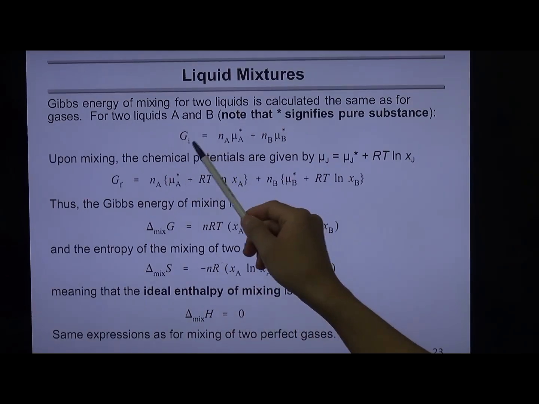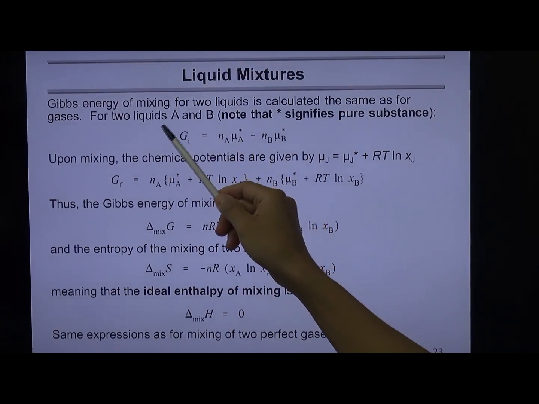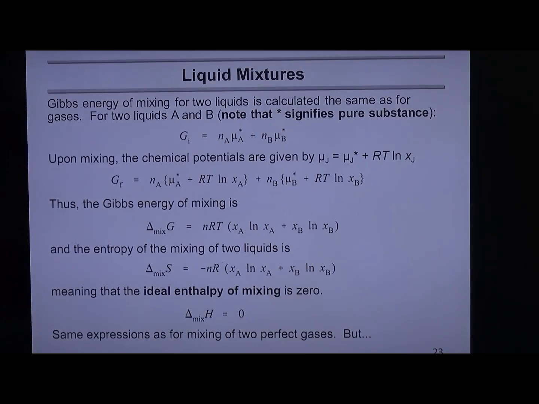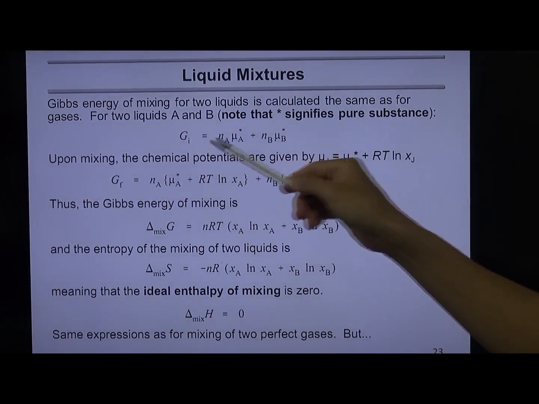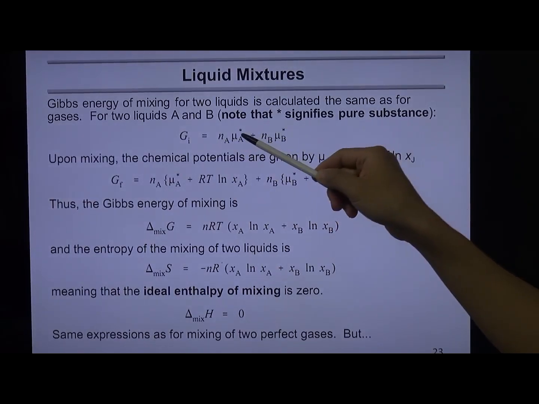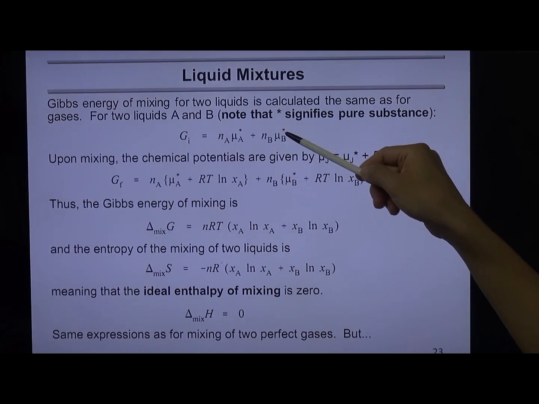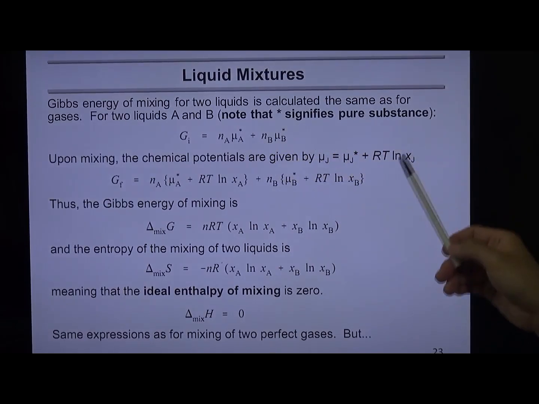So, before mixing, let's say that we have two different liquids, A and B. Before mixing, the Gibbs energy is n_A mu_A* plus n_B mu_B*. Here, we put a star because they are not mixed together yet, right?